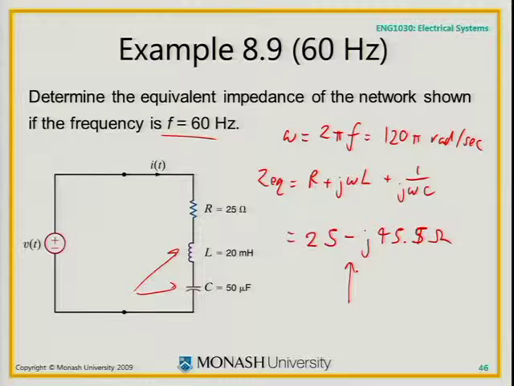It's minus j, that's capacitive. So I could replace that combination with two components, a resistor and a capacitor of the right value, because it's negative j. Remember, 1 on j is minus j. So capacitors correspond to negative impedance.